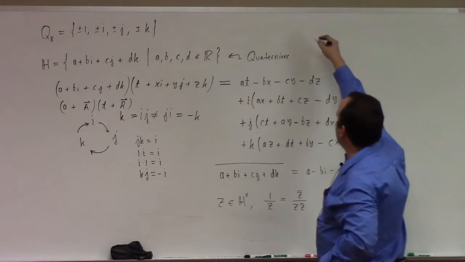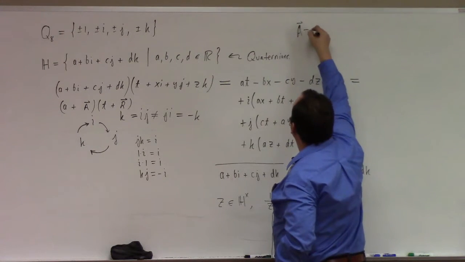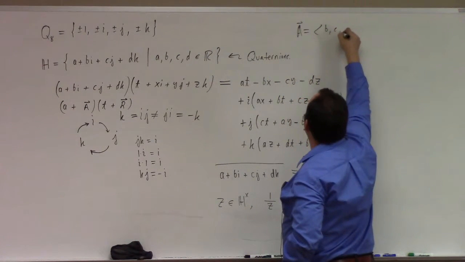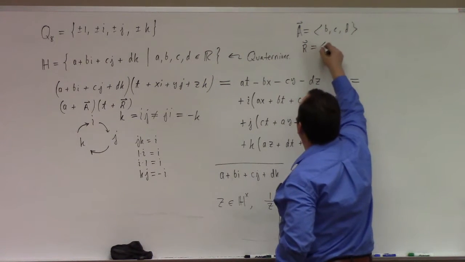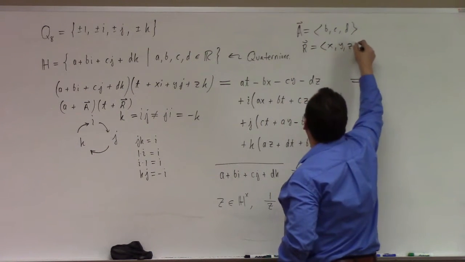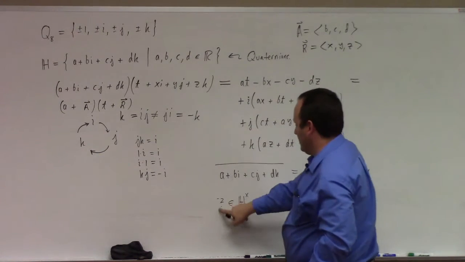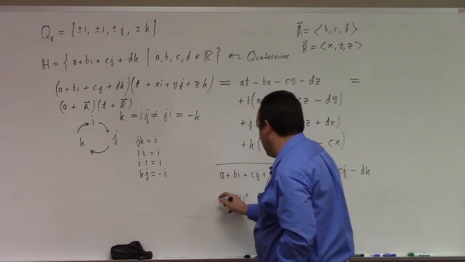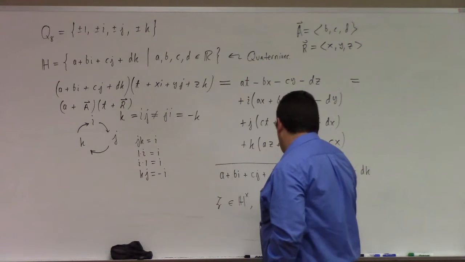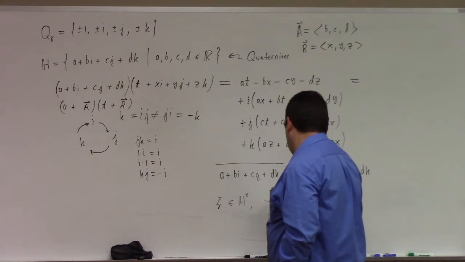Here, of course, I'm saying the a vector is b, c, d. The r vector is x, y, z. Maybe I should use a w down here so as not to confuse. So yeah, I'll use a zeta, just to be weird.